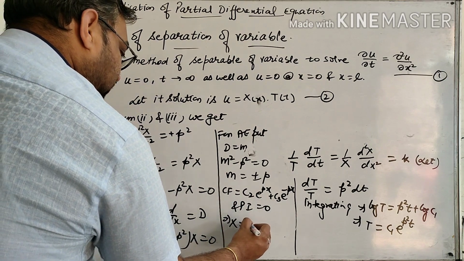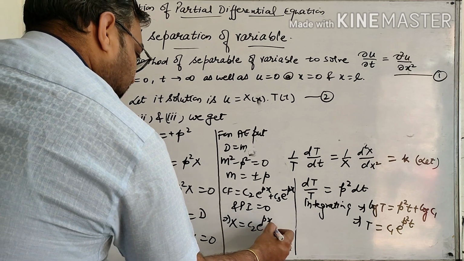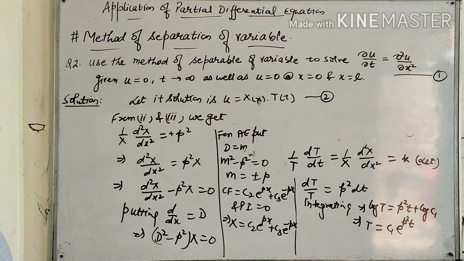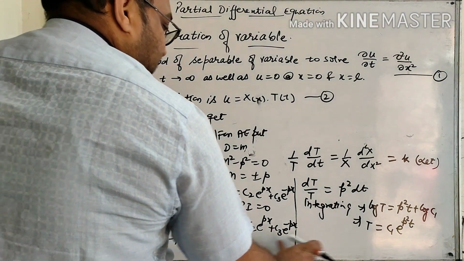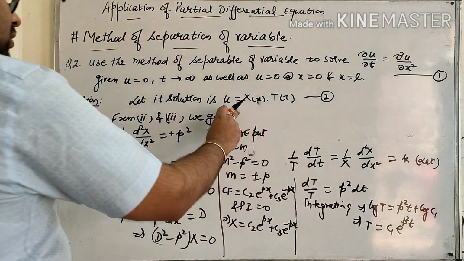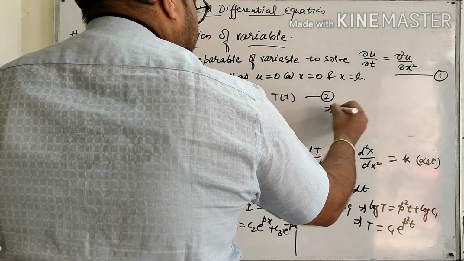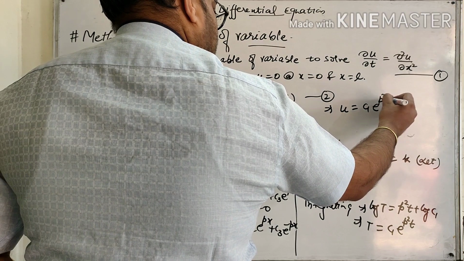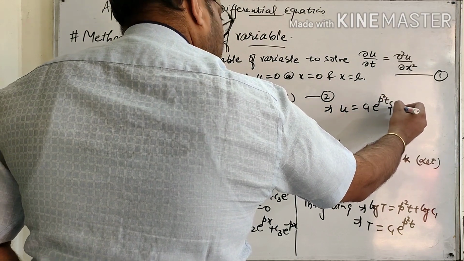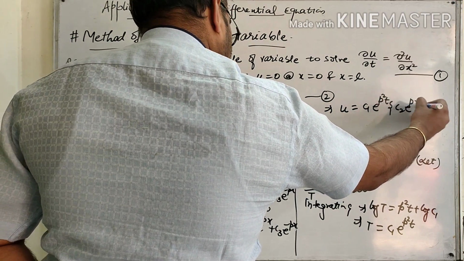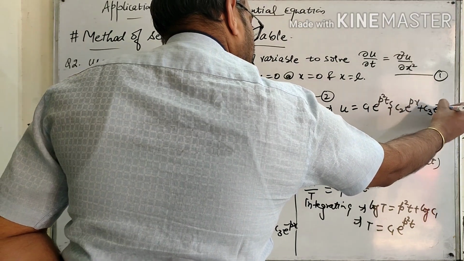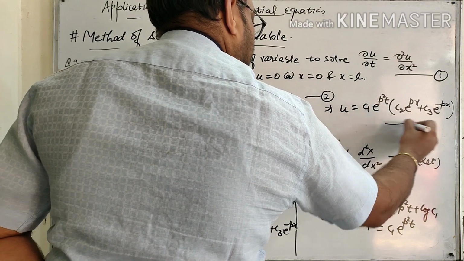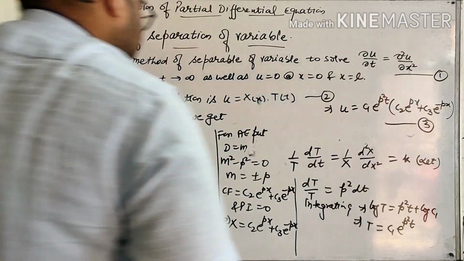So X is equals to C2 e raised to power px plus C3 e raised to power minus px. Then putting X and T in equation number 2, we get u equals C1 e raised to power p square t, C2 e raised to power px plus C3 e raised to power minus px. Let it be equation number 3.